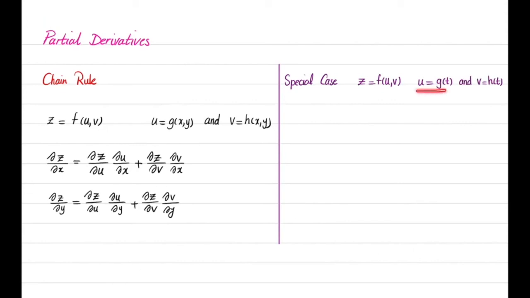Now, since u and v are single variable functions, we can find the total derivative of z with respect to t, which will be equal to the partial derivative of z with respect to u times the total derivative of u with respect to t plus the partial derivative of z with respect to v times the total derivative of v with respect to t.